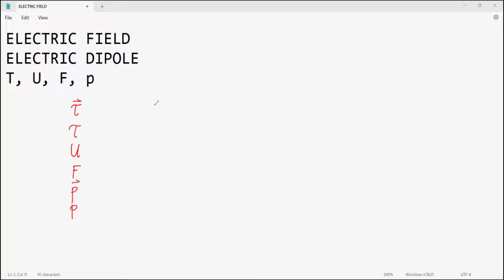Now, for our torque, I'll start with the vector. Torque is equal to the electric dipole moment P cross E. If it is a cross product, or vector product, then we need sine. That would mean torque magnitude is PE sine phi, where phi is the angle.